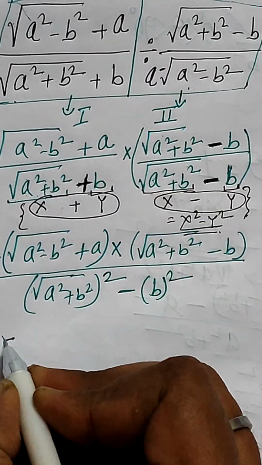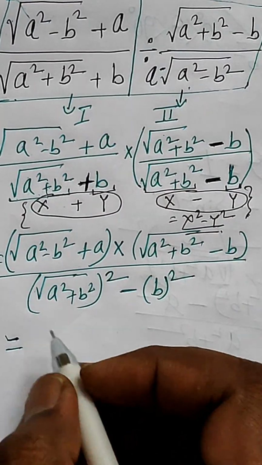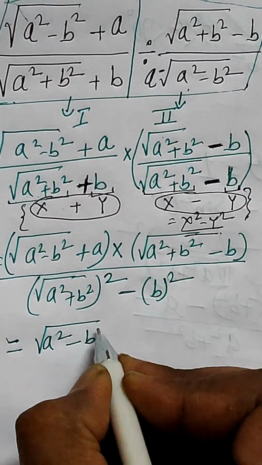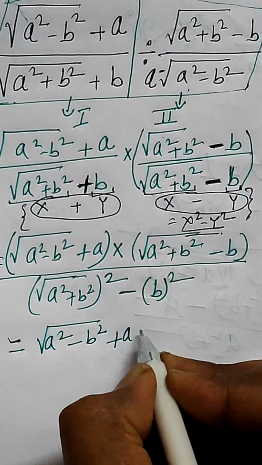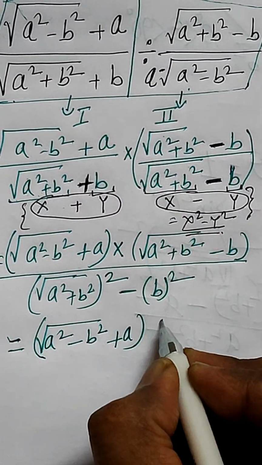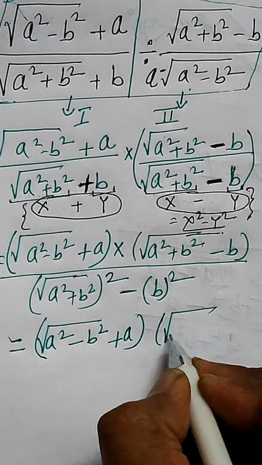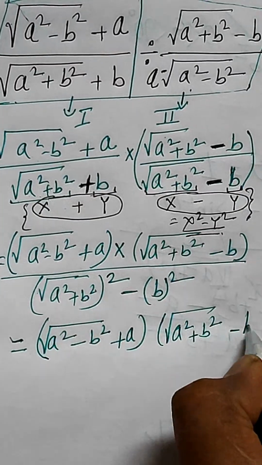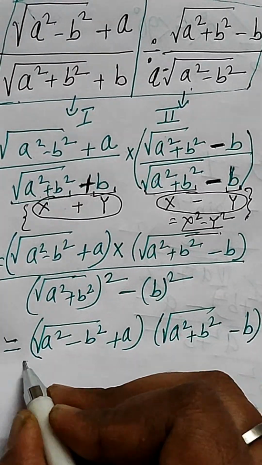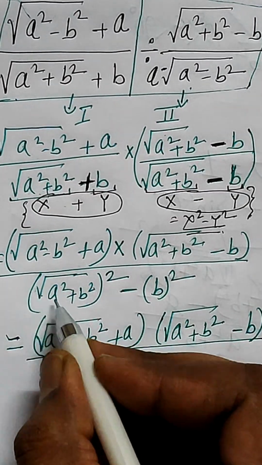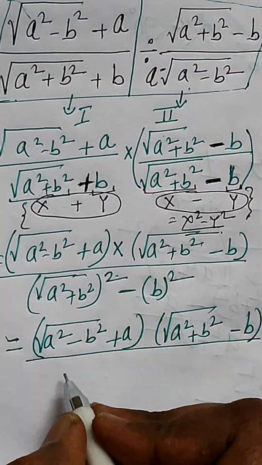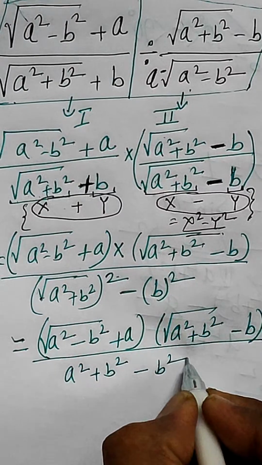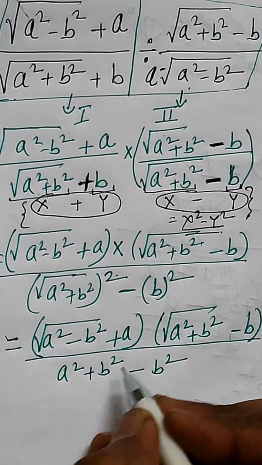Going to the next step, we have (√(a²−b²) + a) times (√(a²+b²) − b), and the whole is divided by, since this root is squared, only a² + b² is left and minus b². So now we are having the benefit of rationalization.